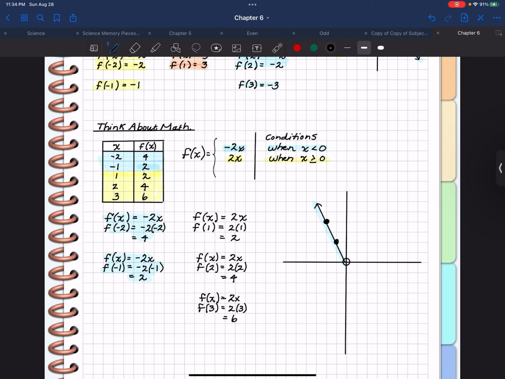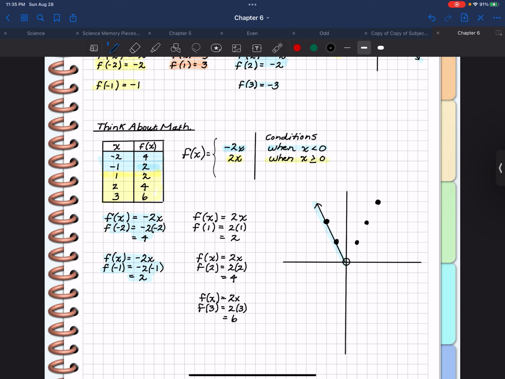When x is greater than or equal to 0, we would have a 1 and a 2, over 1 up 2, over 2 up 4, over 3 up 6. And then since they have to share that origin, I need to look at this one.